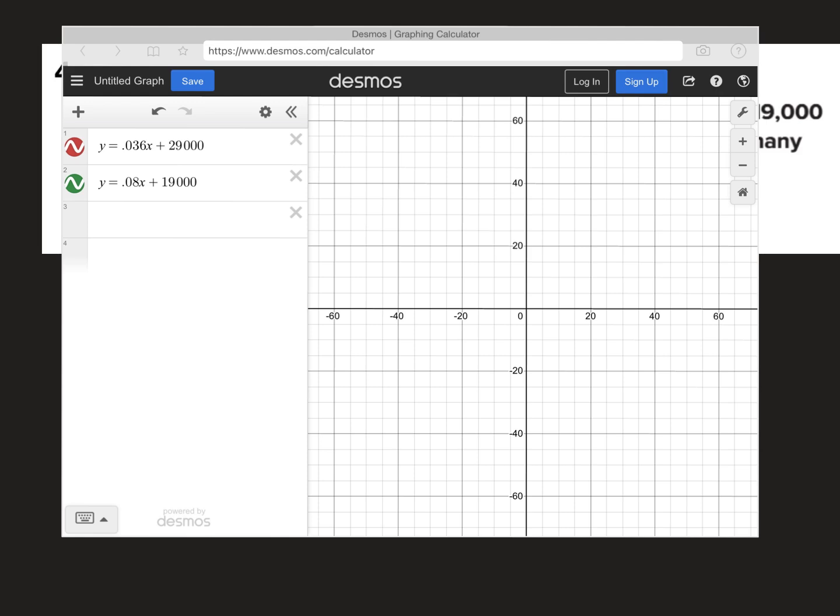I don't think it's quite there though. Let me keep going. I think we can get to where we can zoom in and actually find that point of intersection, and that's as far as it's letting me go. And that's still where it's saying that they intersect. So I think that's the perfect intersection.